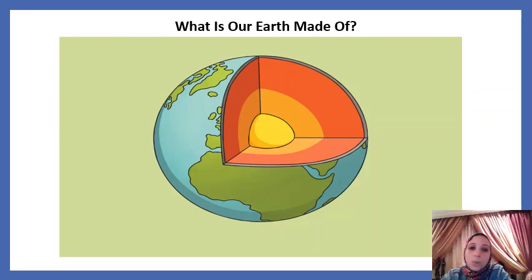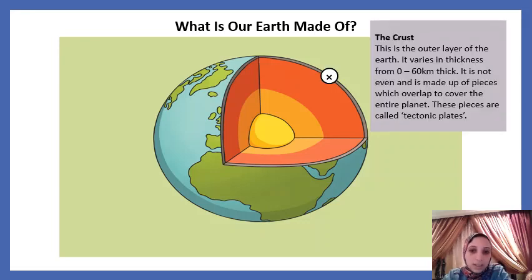So, what is our Earth made of? Can anyone guess what's the first layer that we stand on? Yes, the first layer is called the Earth crust. And this layer, which is in the gray part, first layer, gray color, it is a thick, solid layer.